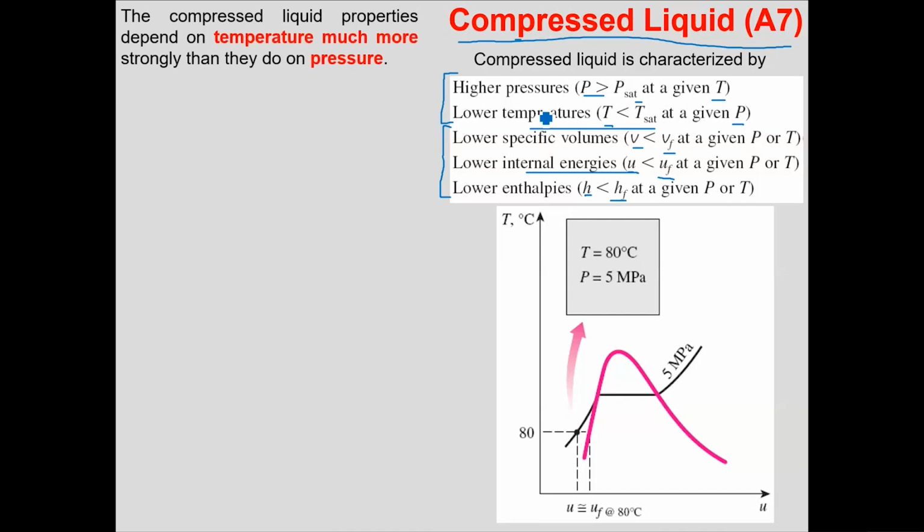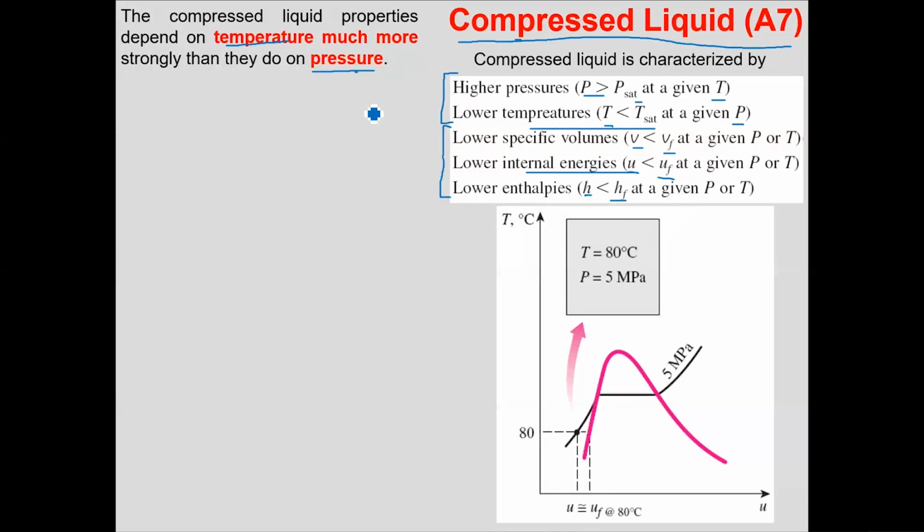The reason is that for the compressed liquid, properties are much more dependent on temperature than they are on the pressure itself. For instance, the specific volume of liquid, if I am at 1 atmosphere, let's say my temperature is 20 or 25 degrees centigrade, and I increase the pressure from 1 atmosphere to 100 atmospheres, I have increased the pressure 100 times, the effect on specific volume would be negligible.